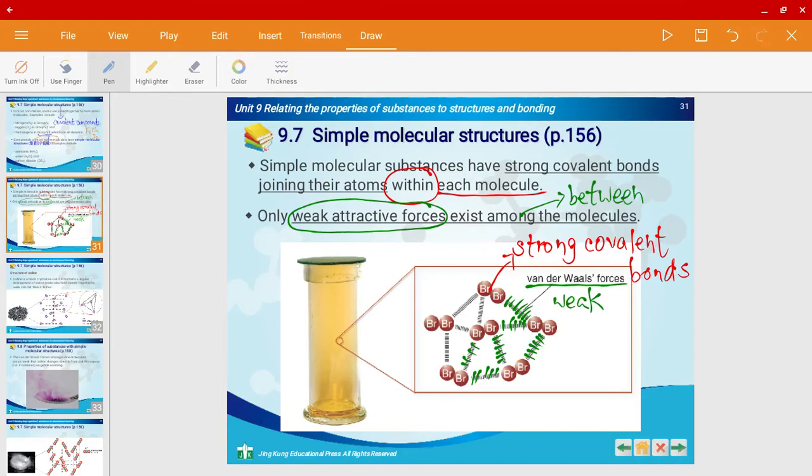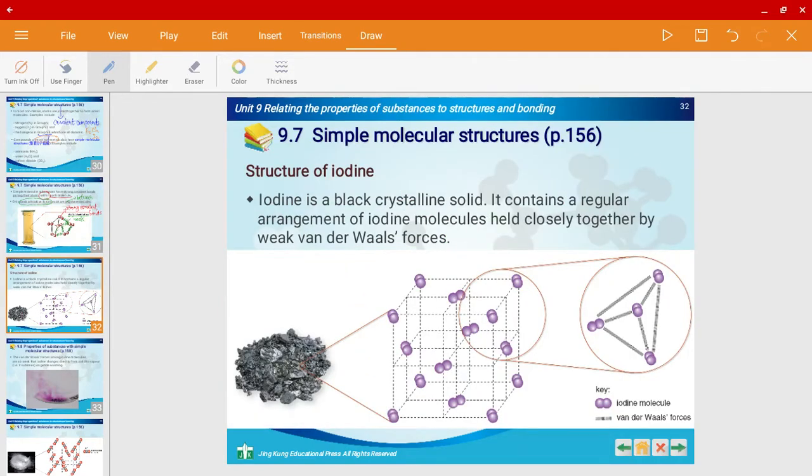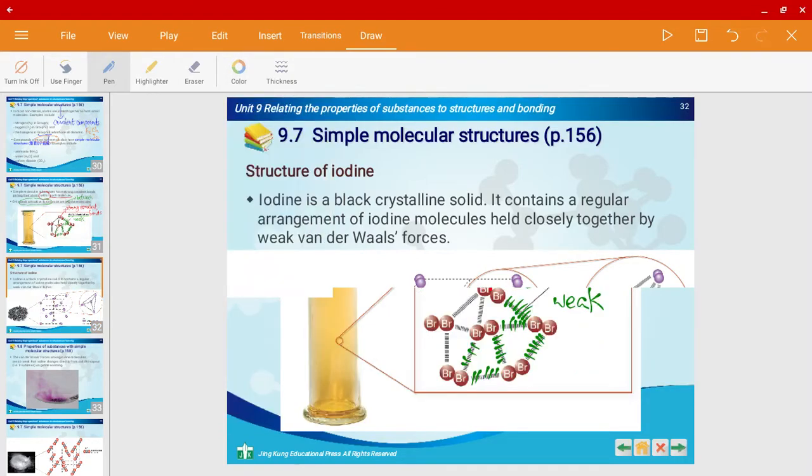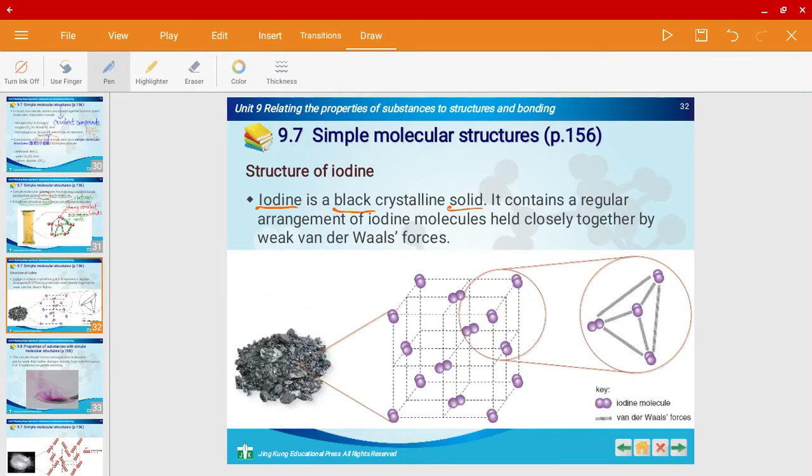Let me use another example. Let's have a look at iodine. Iodine is a black solid at room temperature. So within iodine molecules, notice the word I'm using, within, there are strong covalent bonds.